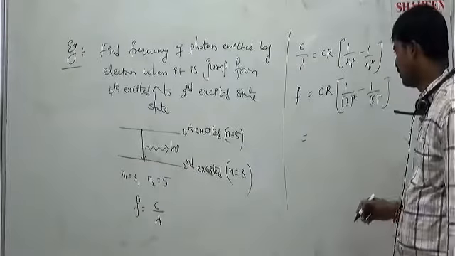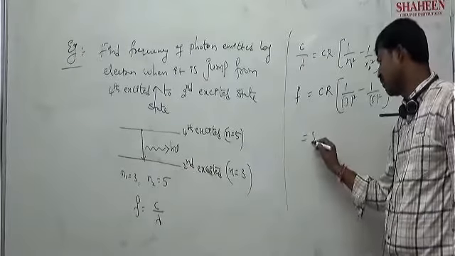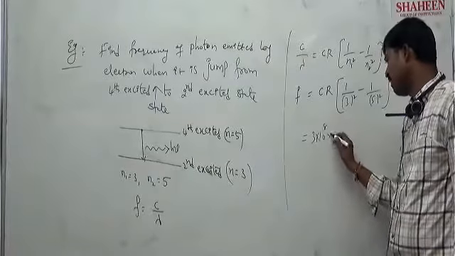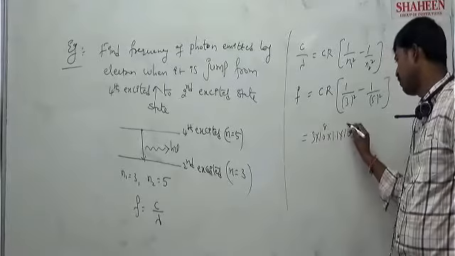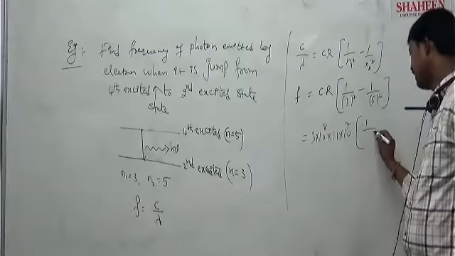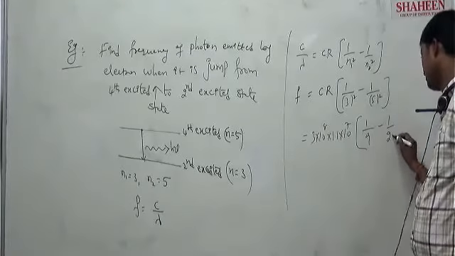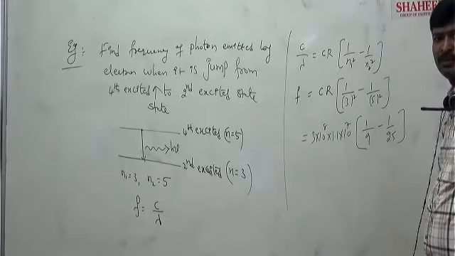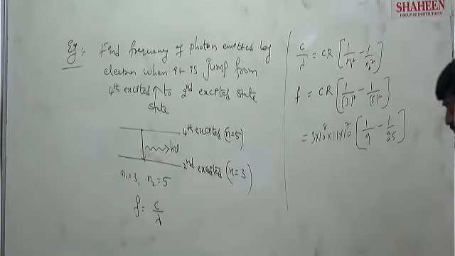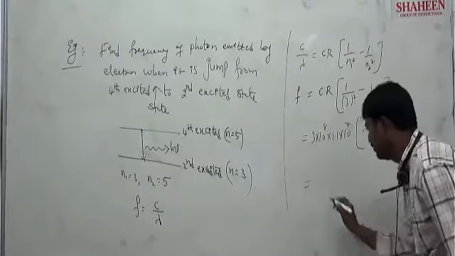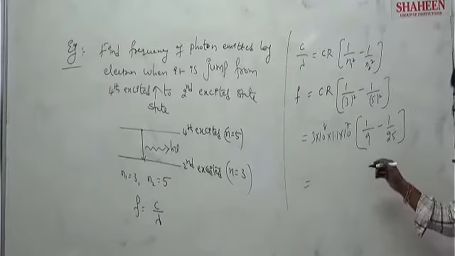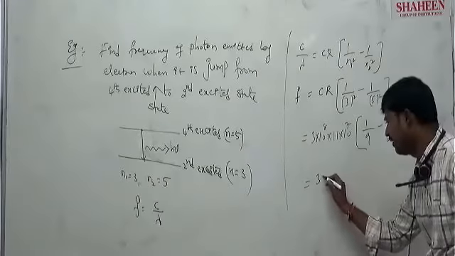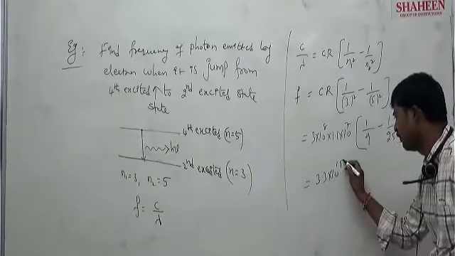Now we will substitute the values. C is 3 into 10 to the power of 8, R is 1.1 into 10 to the power of 7, into 1 by 9 minus 1 by 25. Simple? Yes. So now we need to calculate. So this is 3.3 into 10 to the power of 15.